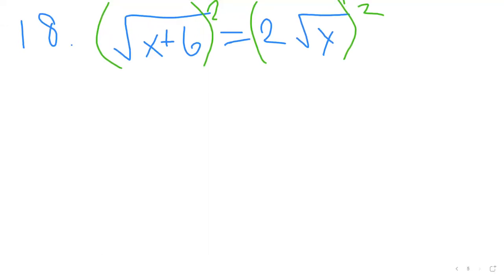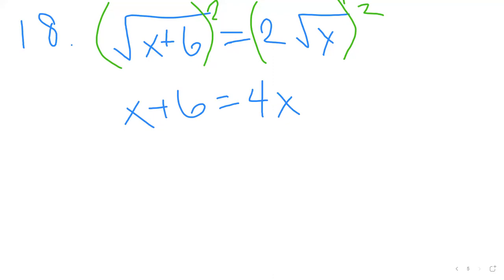What do we have on the left-hand side? Canceling that square root, just leaving us with x plus 6. On the right-hand side, we have to think about that differently for those two pieces. There's a 2 times 2 there, 4. 2 squared is 4. And then there's a square root of x, which, when squared, just cancels.